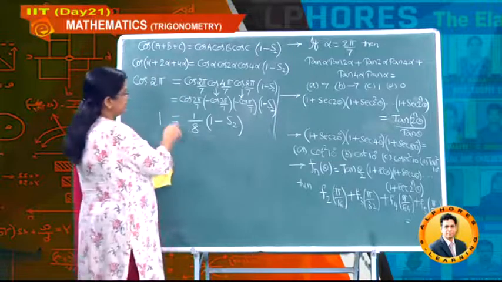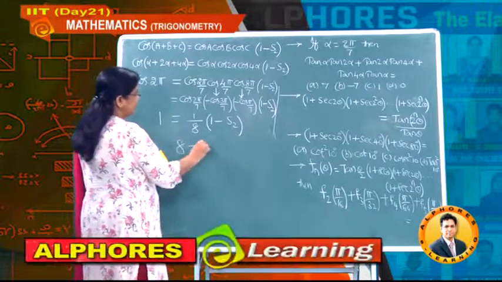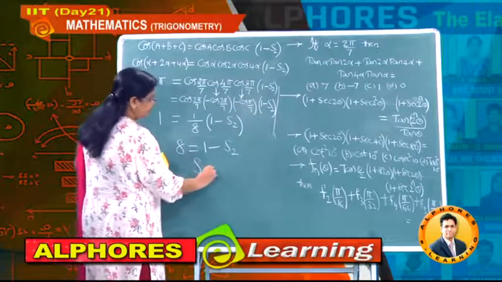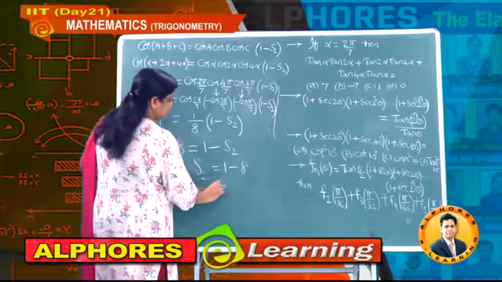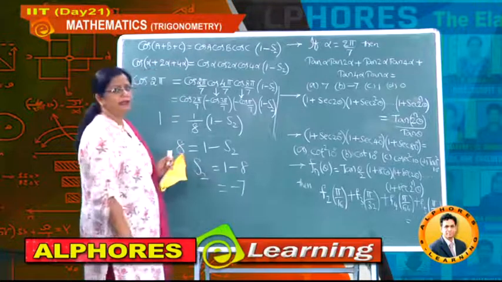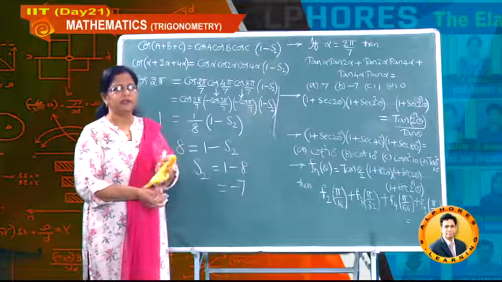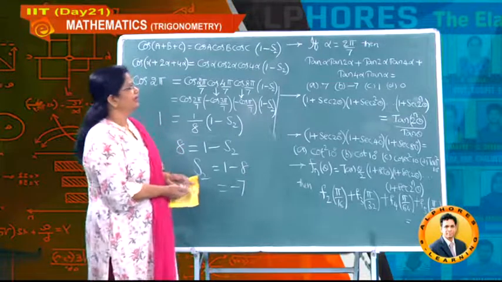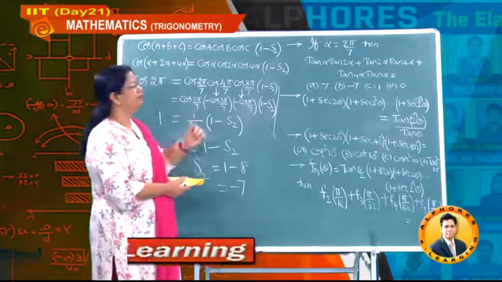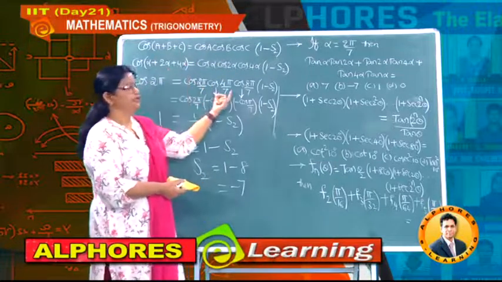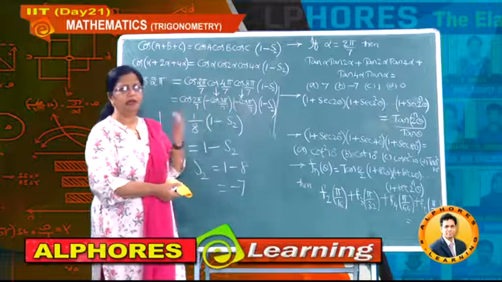Then let us take the 8 to this side. 8 is 1 minus S2. Therefore S2 equals 1 minus 8. Hence the answer is minus 7. So very easily you can obtain this kind of answer simply by making use of our compound angle formulae, and this one is our multiple and submultiple angle formulae.